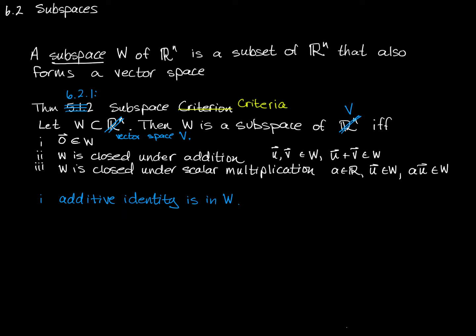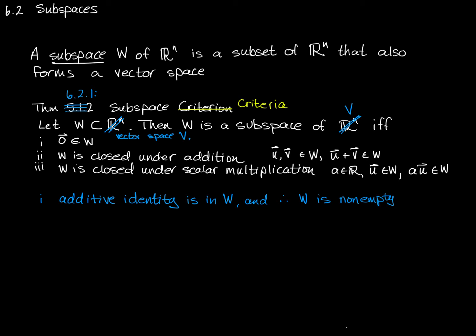If it's in there, then W, actually I'll write it this way. And therefore, in math abbreviation speak, W is non-empty. Right? We know there's at least one element in that subset, and it's called the additive identity.